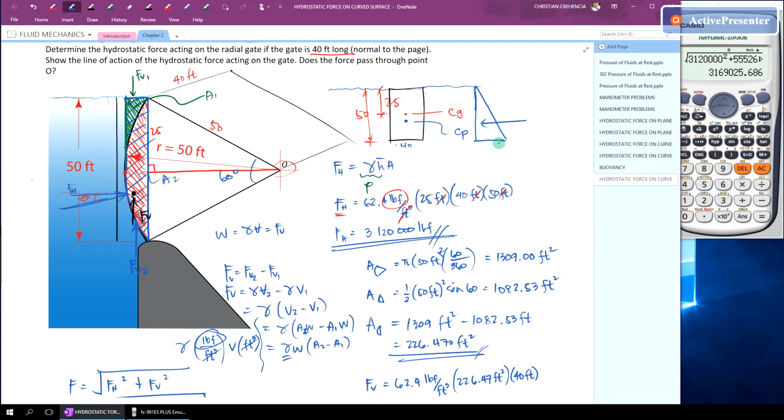So if meron tayong triangular, so the resultant will be acting, in this case, so 1/3 no height nung gate. So, if this is yung height natin. Okay? So, this is 2/3 nung height.